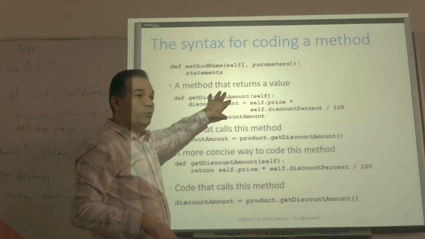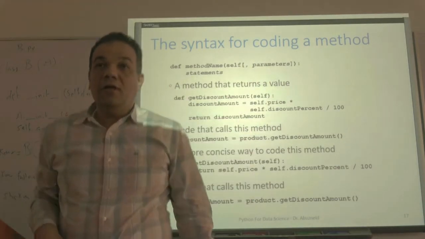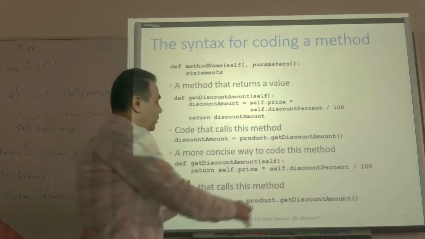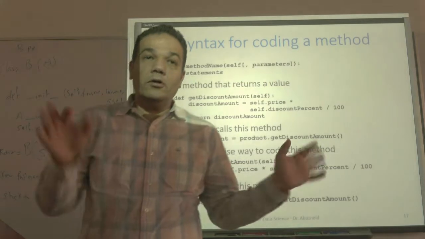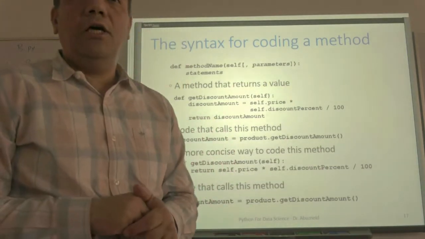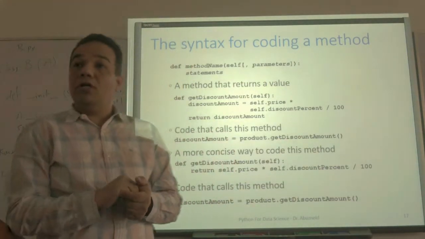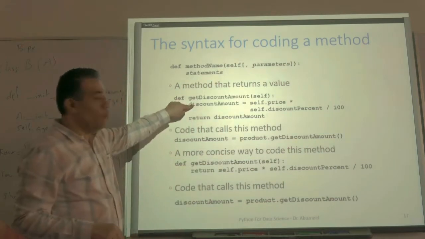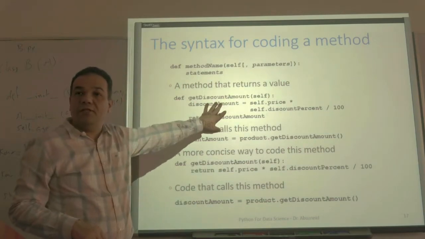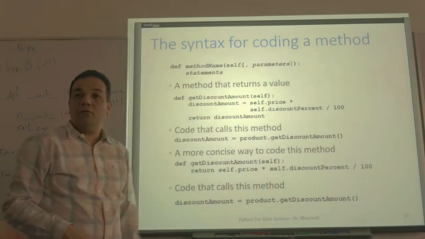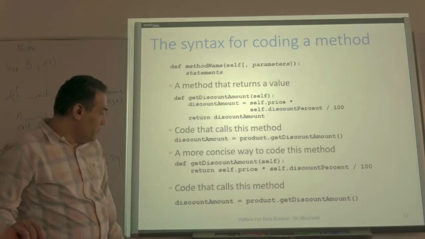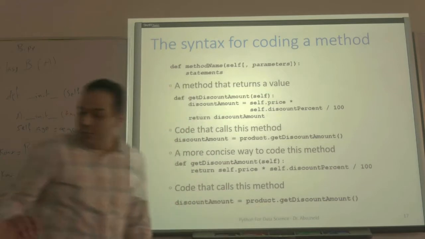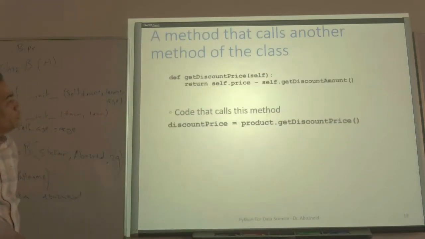I don't like to return a whole sentence. If you are an expert programmer, you might. But myself, I like the code to be more clear. Add one more variable, save the data inside it, and then return that value. Code that calls this method is the same thing. So I think there is nothing new so far.